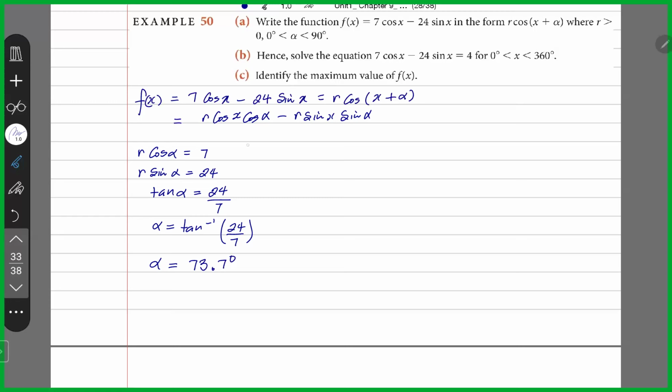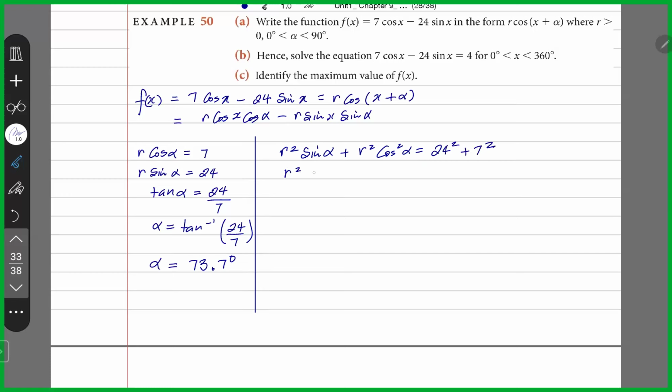Let's find out what r is. Here's what we know. We know that r squared sin squared alpha plus r squared cos squared alpha is equal to 24 squared plus 7 squared.